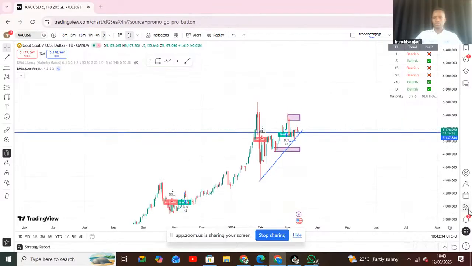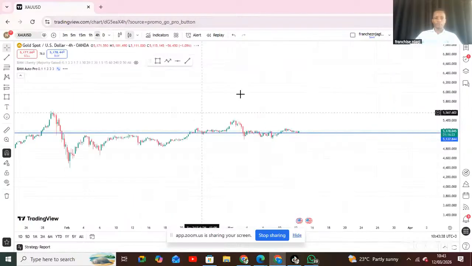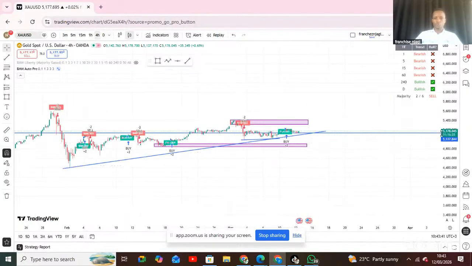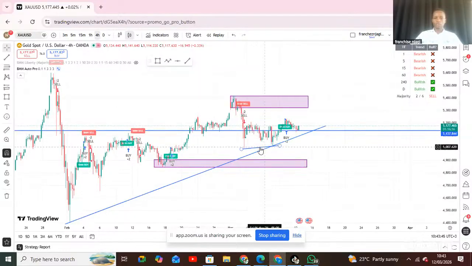As you can see on daily, we are still on a bullish movement. So on 4 hours, what can we see here? We can see equal lows. What do equal lows tell us? These are liquidity lines here, and every time you see equal lows, they must be taken out.